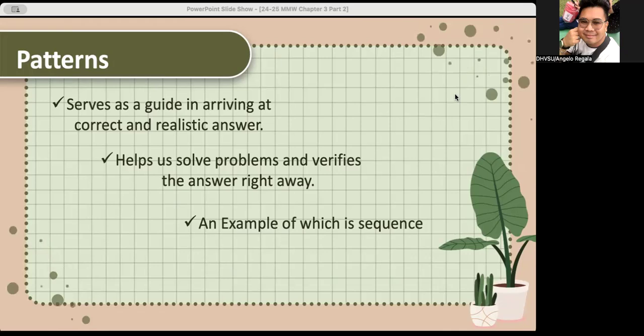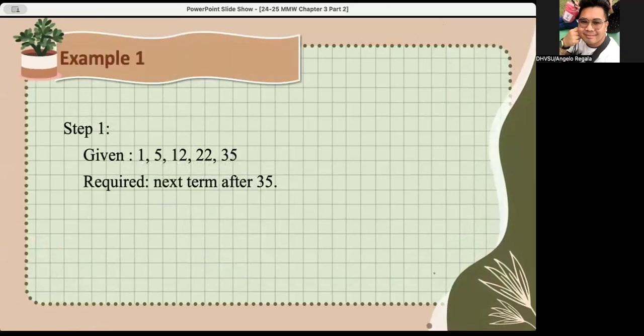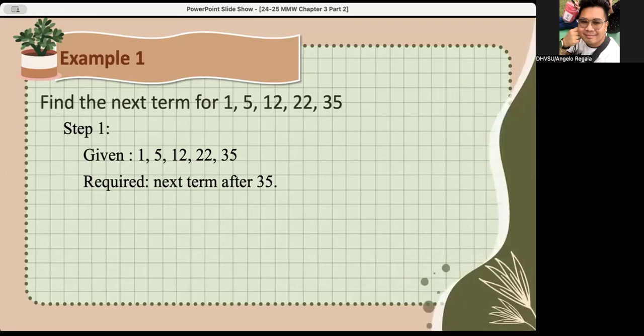It helps us solve problems faster and verifies the answer right away. Examples of this are sequences. We have what we call number sequences. For example, given 1, 5, 12, 22, 35, what is the next term after 35?